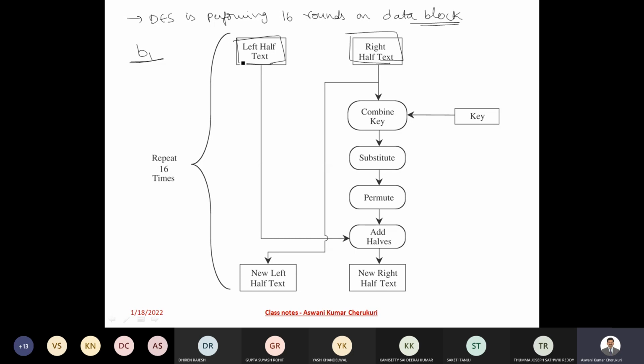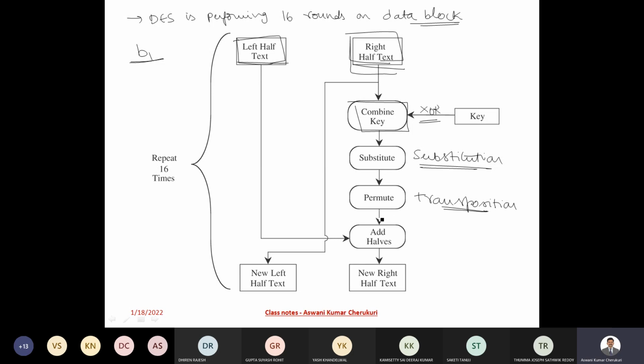Then keep the left half of the text as it is, but do some operations on the right half. What operations? Take the right half of the block and combine it with the key that is given. When I say combine, it is the typical XOR operation. Whatever the resultant output, you perform some substitution. What substitution, we will be discussing a little later. The output of that would undergo some transposition, which is written as permute.